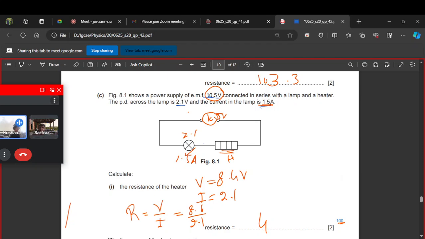Current is 1.5 ampere, not 2.1. We divided by the wrong value. But then how do we get 100? Yes, I am thinking the same thing. How will we get 100? Because in the mark sheet, the answer is 100.